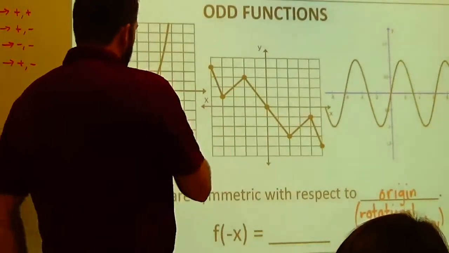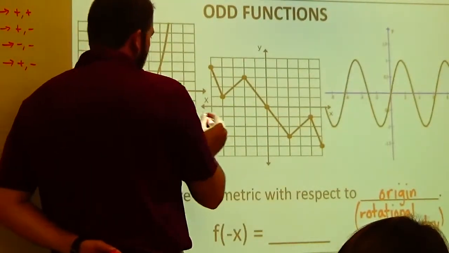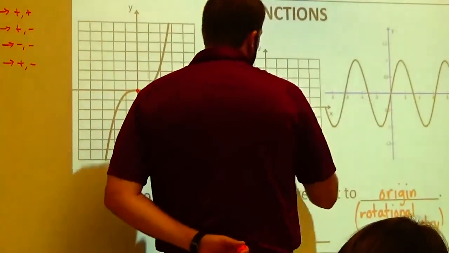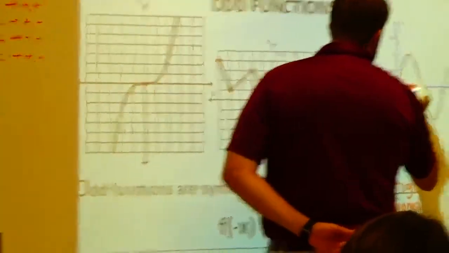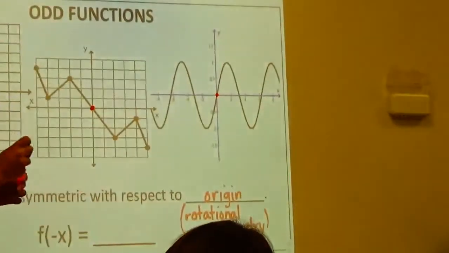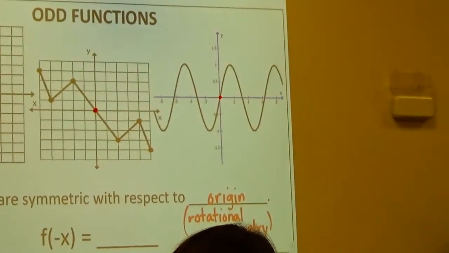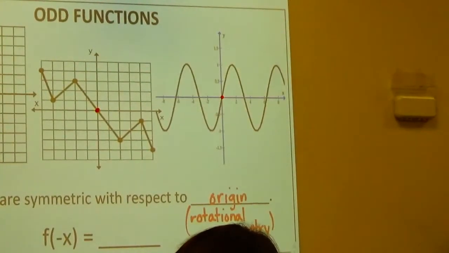So this means it's like I take a pin and stick it in the origin. Then I can take my graph and I can rotate it half a turn and it lays flat on it.